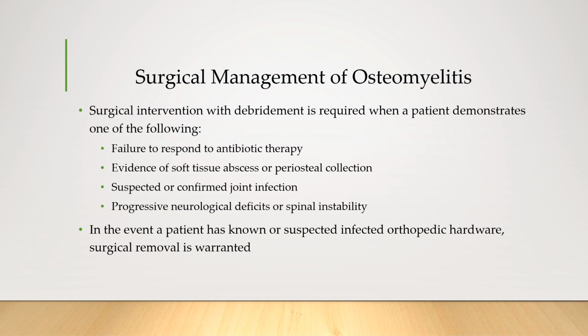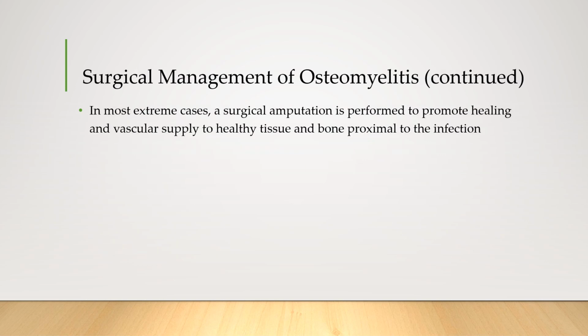In the event a patient has known or suspected infected orthopedic hardware, then surgical removal of that hardware is warranted. In most extreme cases, a surgical amputation is performed to promote healing and vascular supply to healthy tissue and the bone proximal to the infection.